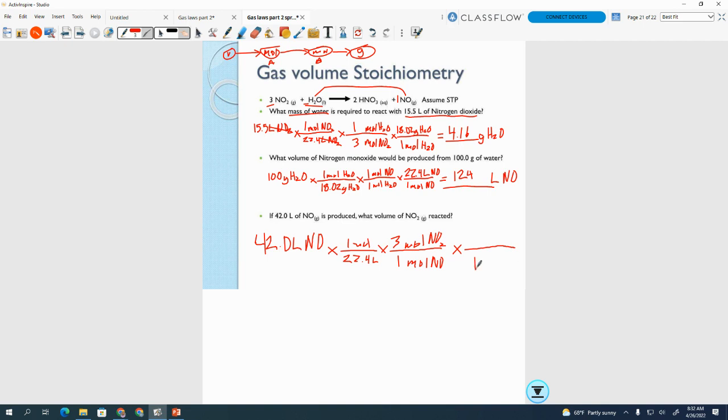And then we do the 1 mole to 22.4 liters. And then that's going to give us our answer in liters. What I want you to notice about this is this and that, what do they do to each other? Cancel out. So all you have to do is 42 times 3, and that's your answer. You're going to get the same answer if you include it or not.